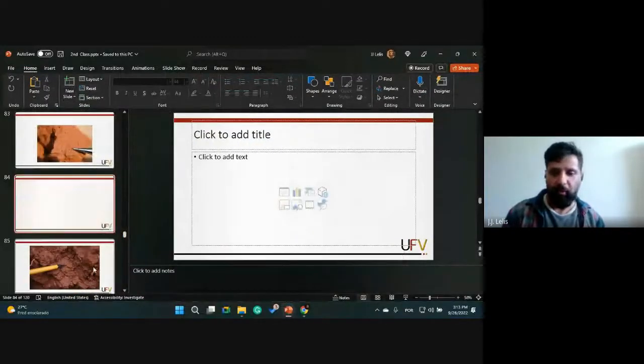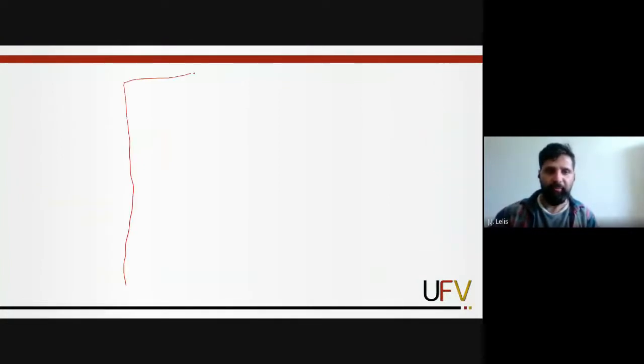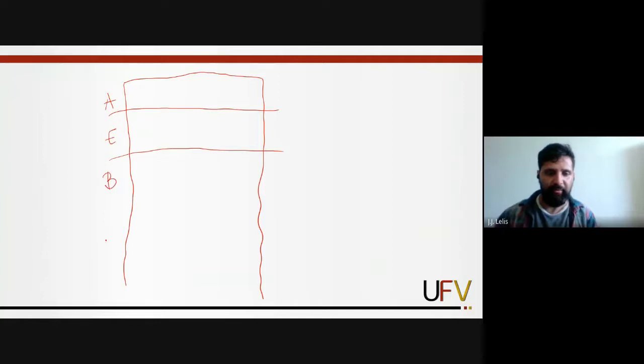Just a white slide like this. Think that we have a soil profile here. Here we have an A horizon, an E horizon, and a B horizon. Here, C horizon.